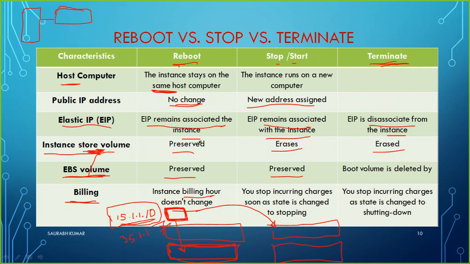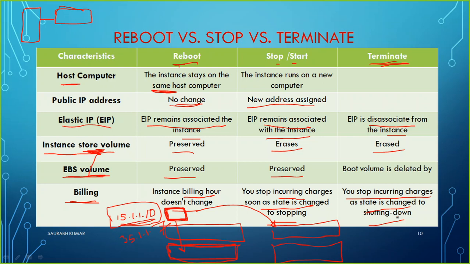If you stop, you stop incurring charges as soon as the state is changed to stopping. It will be stopped and then the billing will start again when you start next time. And if you terminate, obviously you stop incurring charges as soon as the state is changed to shutting down. So the time when you click on terminate, from that moment the billing gets stopped.